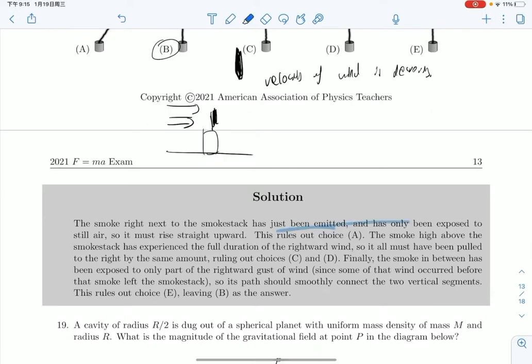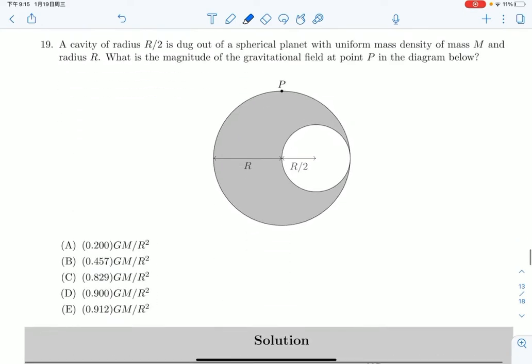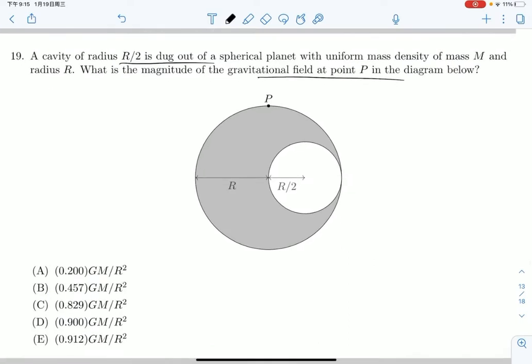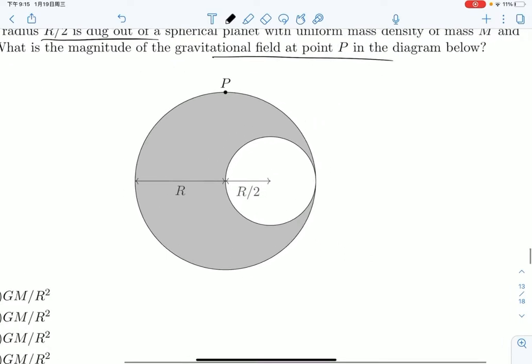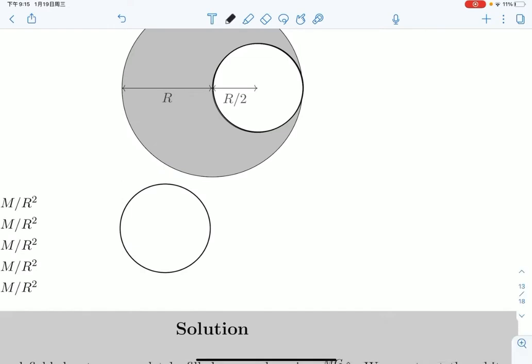And for 19, here's a cavity over here, and you want to find the magnitude of the gravitational field at point P. How do you do this one? You initially fill up the hole, and you take the negative mass. What I mean is that the first ball has a mass of m, and the other ball has a mass of negative m.